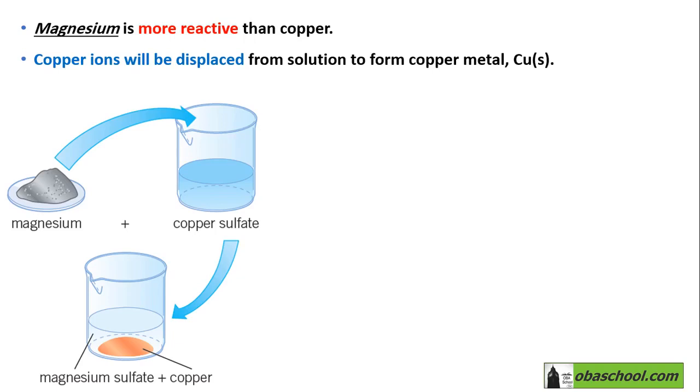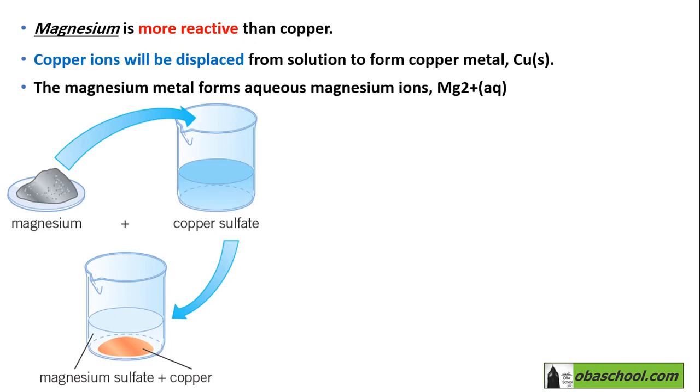And if the copper ions are getting consumed, what is happening to them? They are turning back into their solid state. And in this reaction, the magnesium metal forms aqueous magnesium ions, which are Mg2+ ions, and it will dissolve in the solution.